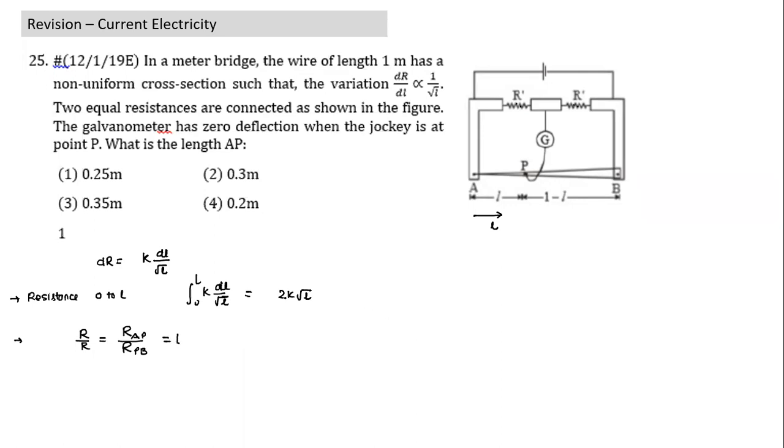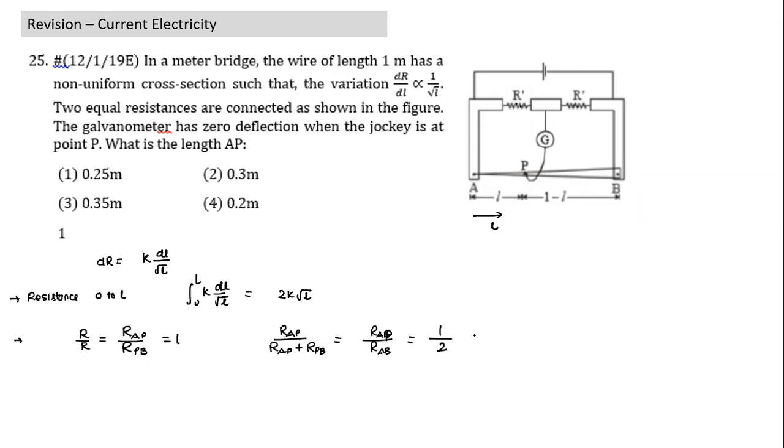Since resistance is proportional to distance, I can also write this as resistance between AP divided by resistance between AP plus resistance between PB, which is resistance between AP divided by resistance between AB. AP divided by AB has to be equal to the similar ratio, 1 divided by 2. Basically, it means the resistance balancing length will be such that its resistance is half of the total resistance.